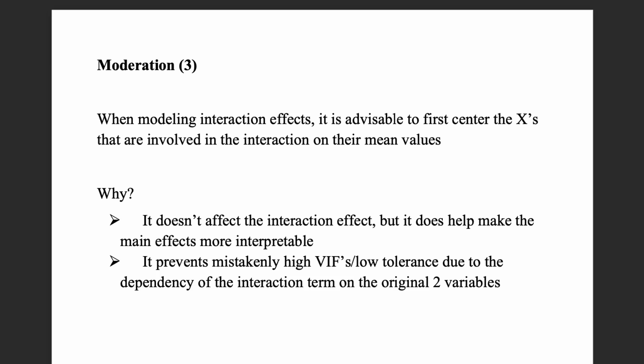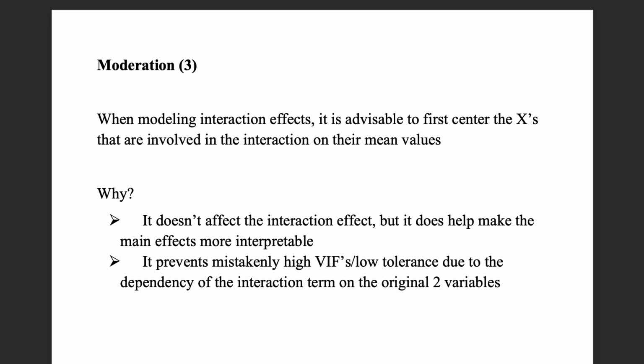And because the interaction term is just multiplying the values of those original two variables with each other, it also means that the value of that interaction term is going to depend on the value of the original variables because it's just a multiplication of those values with the values on the other x variable.